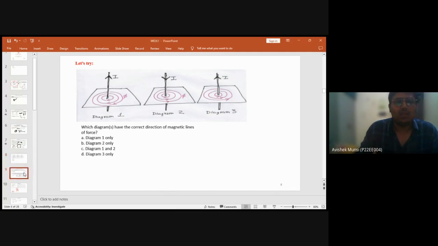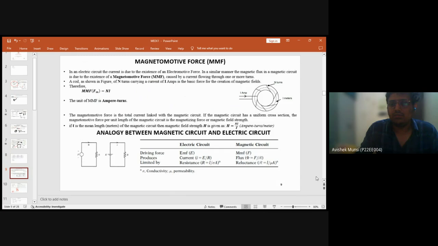So now moving into the magnetomotive force. Basically, in case of any electrical circuit, we see that current is produced. That is due to the EMF, that is, due to electromotive force.